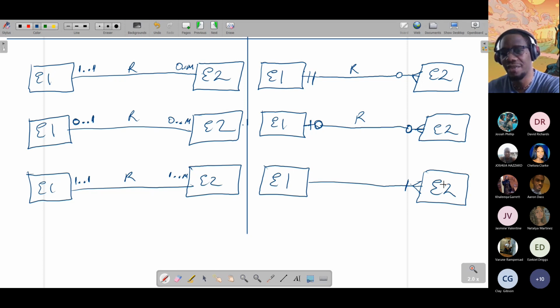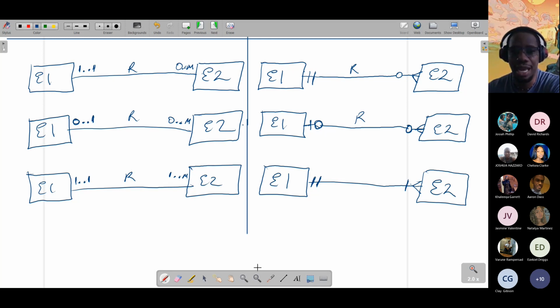For every instance of entity 2, I could have 1 and only 1 instance of entity 1. I cannot have an instance of entity 2 and entity 1 does not exist. Okay, so that's kind of like our car example earlier, right? You can't have a vehicle in the system without an owner of this vehicle, right?